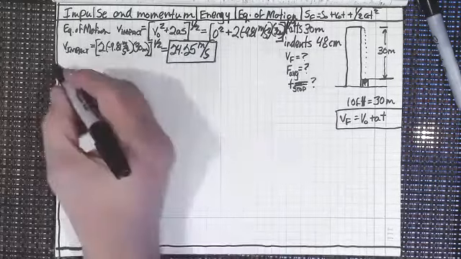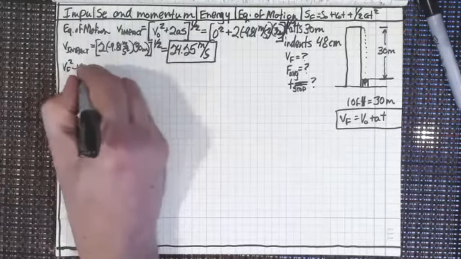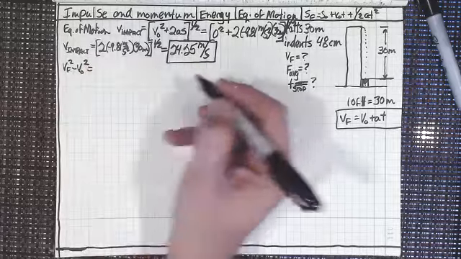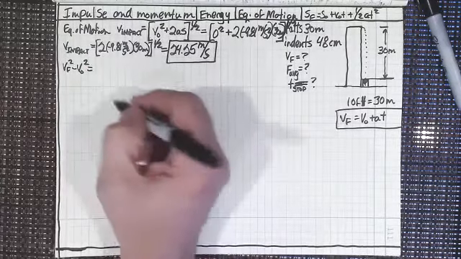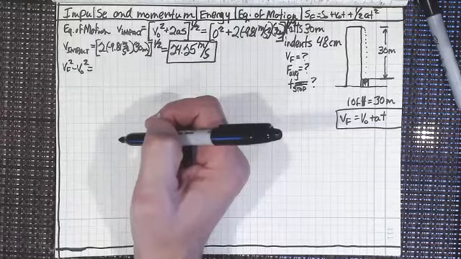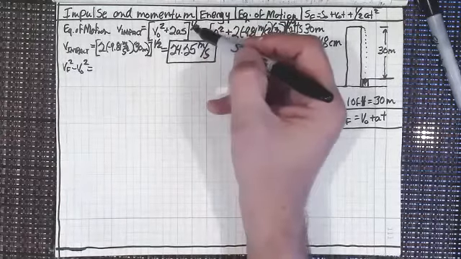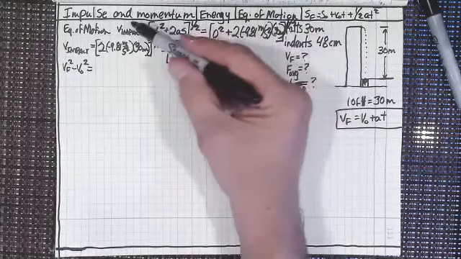So I've got V final squared minus V initial squared equals, wait a second. If I square that, I'll square that.